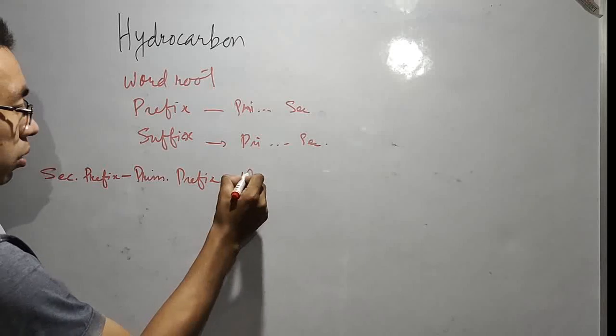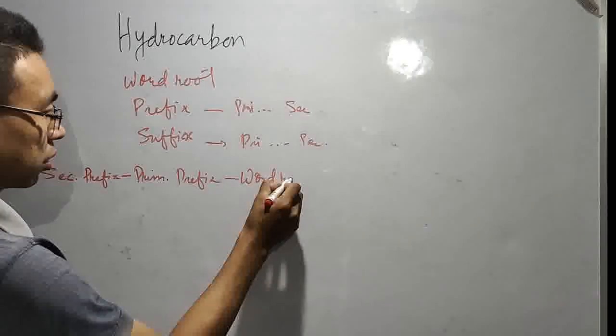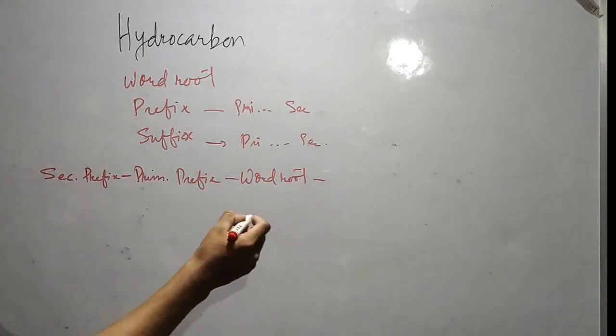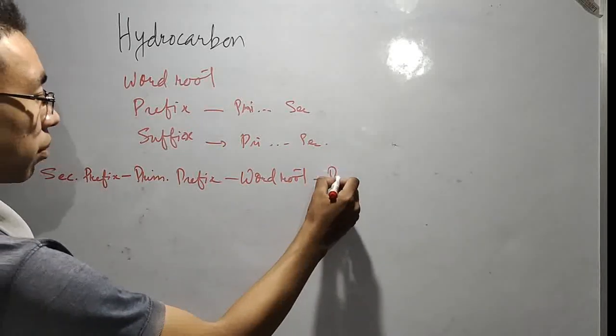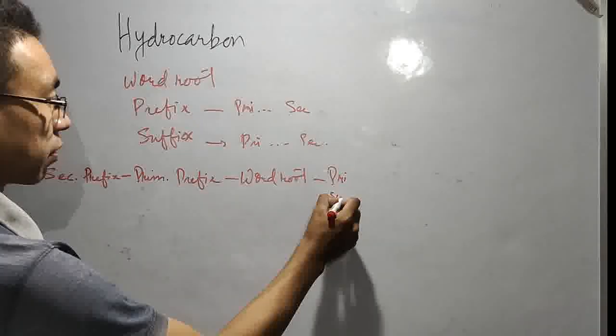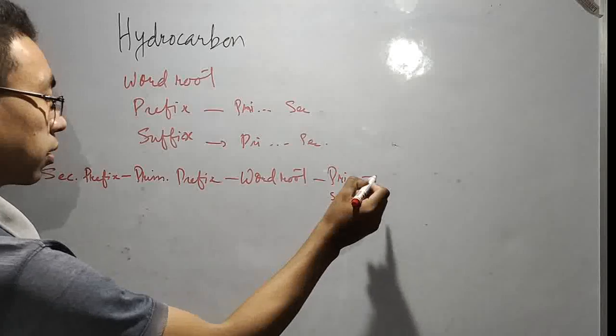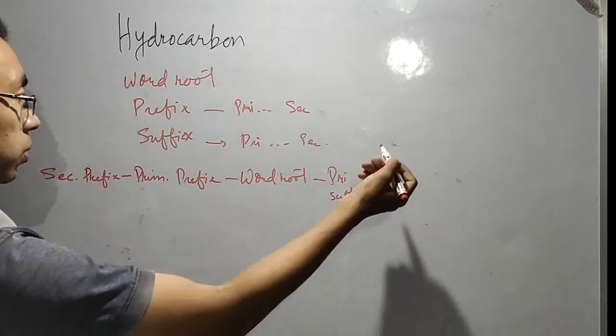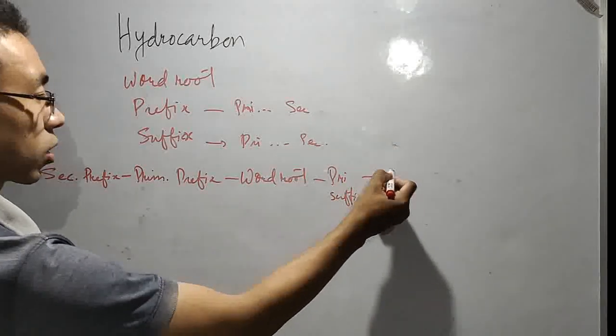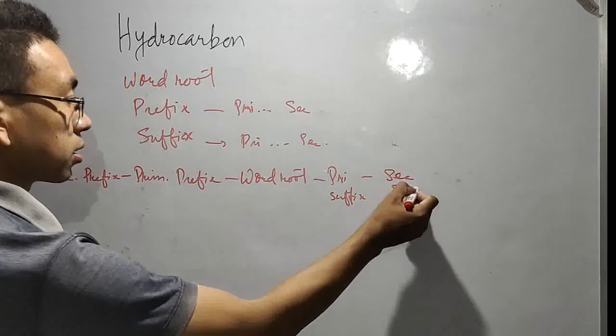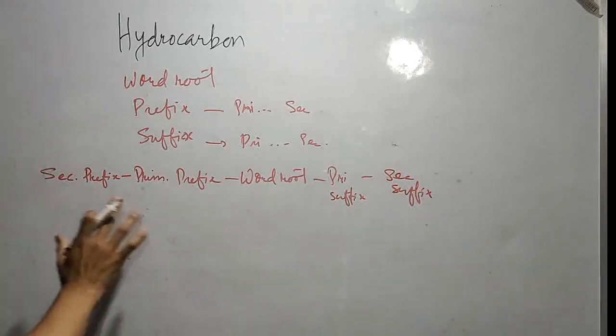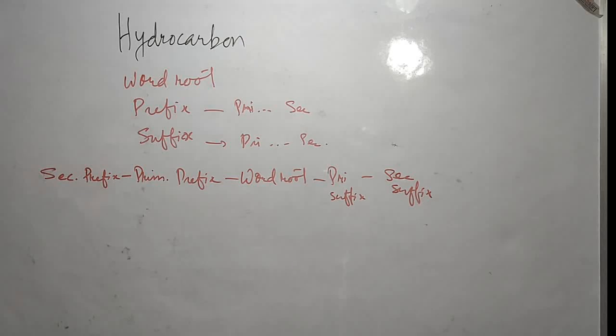After that comes the word root. Then we have the primary suffix, and the next one will be the secondary suffix. This is the order of IUPAC nomenclature.